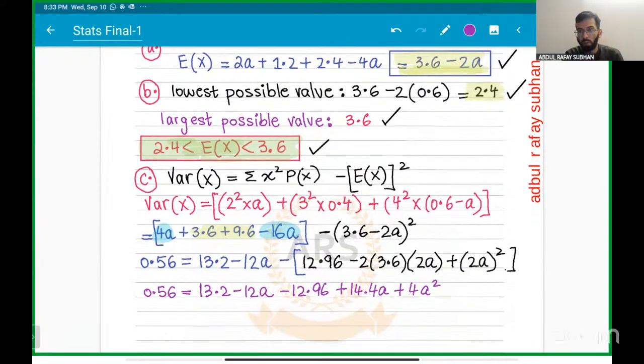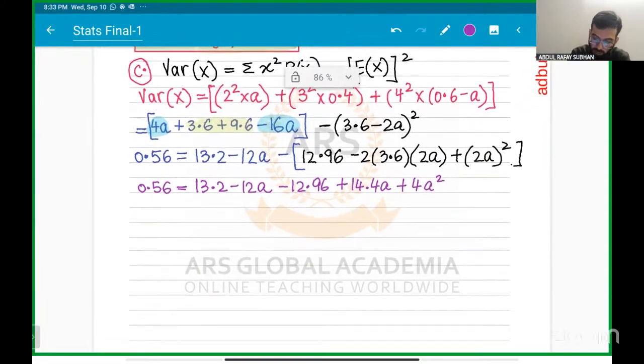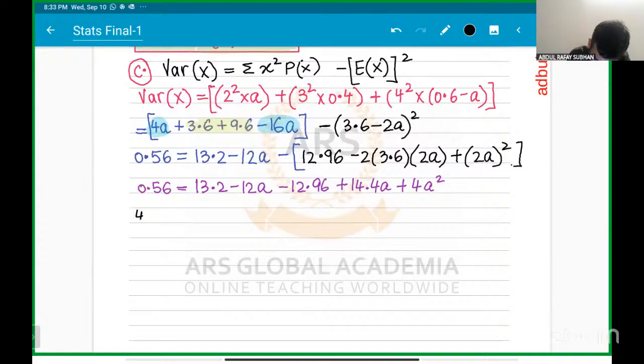So it will be a quadratic equation that we will get, students. As you can clearly see, it will be a quadratic equation. 4a square plus 14.4a minus 12a. 14.4 minus 12, that will be 2.4a, और फिर 13.2 minus 12.96, that will be 0.24 minus 0.56 is equal to 0.